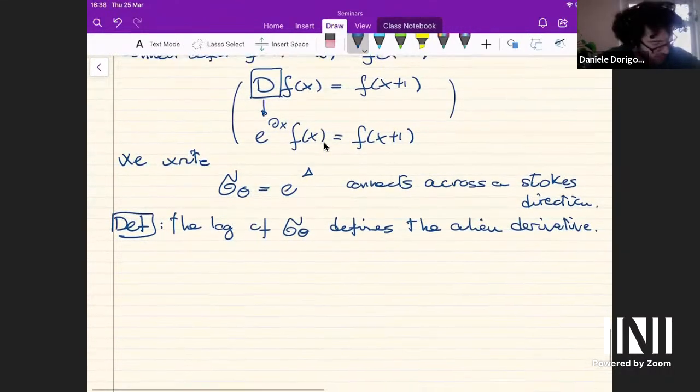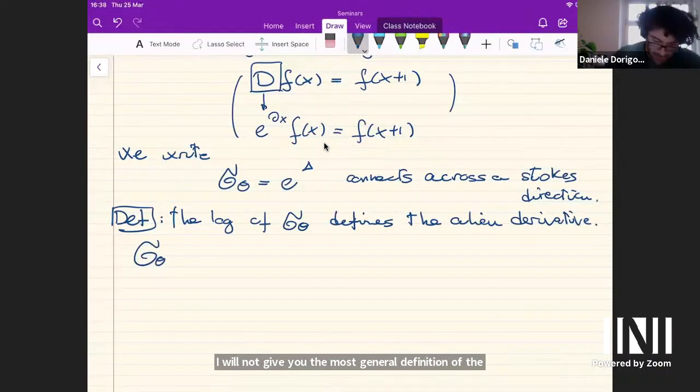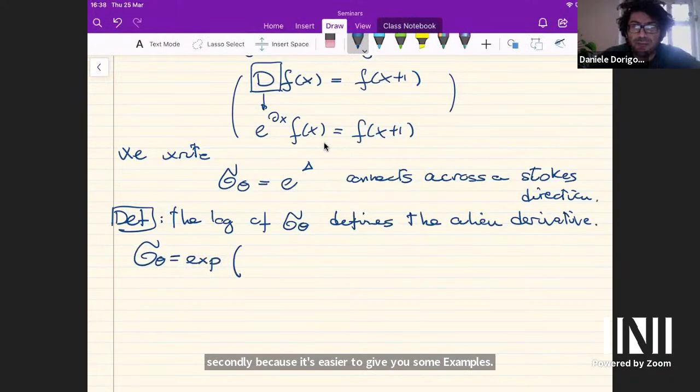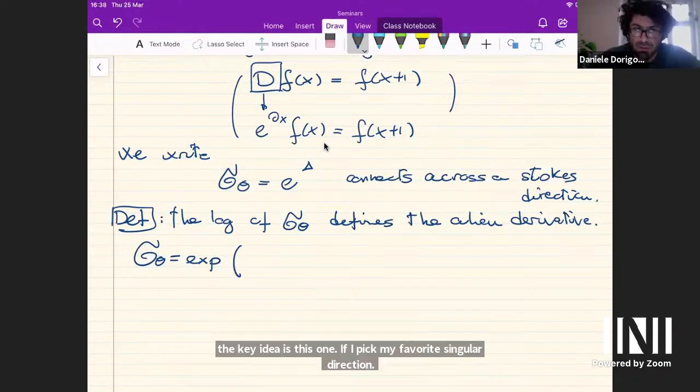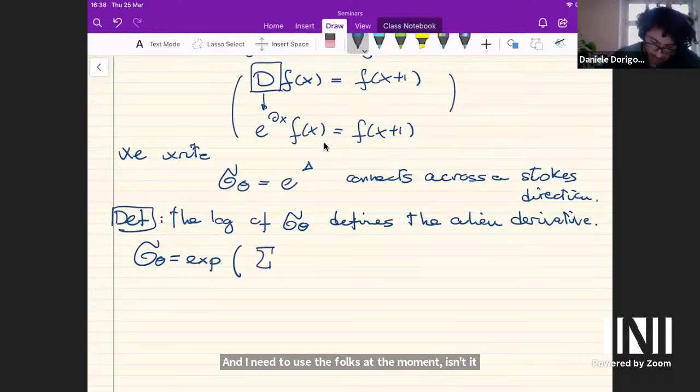I will not give you the most general definition of the alien derivative, just because, first of all, I don't need it, and secondly, because it's easier to give you some examples. However, the key idea is this one. If I pick my favorite singular direction, I want to connect across this direction, and I need to use the Stokes automorphism. I can write this one as the exponential of a collection of derivatives.